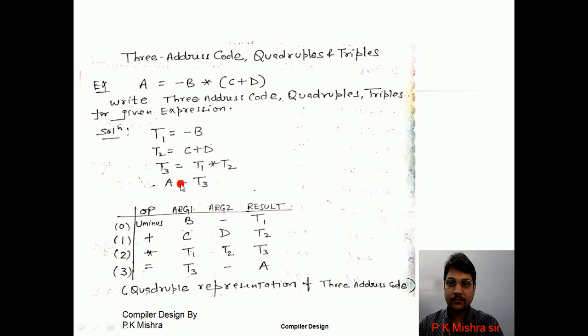Because if there is no operator on the right hand side of the statement, then we take assignment as the operator. Remember it. This is the quadruples representation of this three address code.